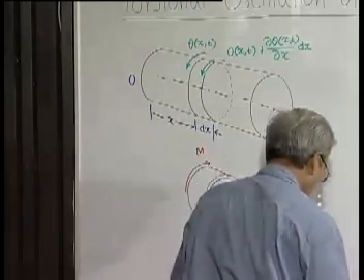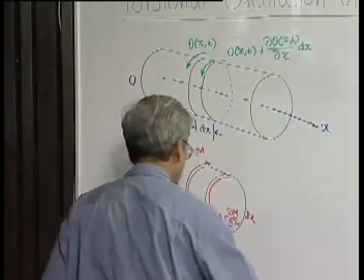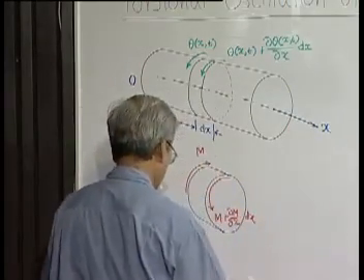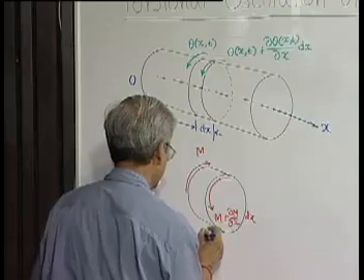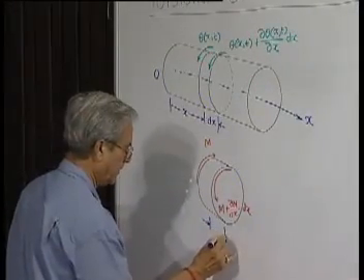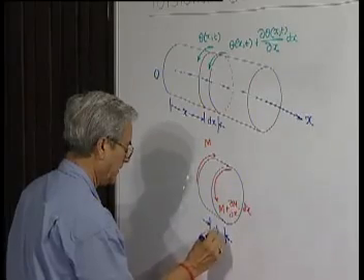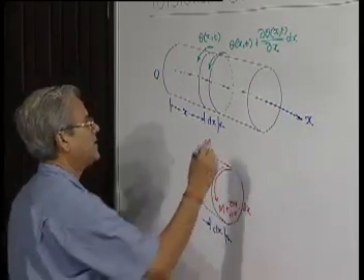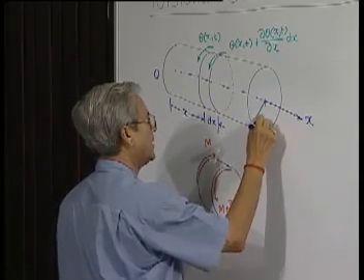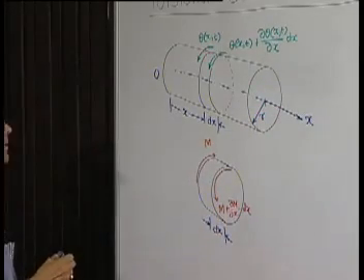So, this is a shaft of length dx and, of course, we have not mentioned the size. Let us consider the radius to be r.